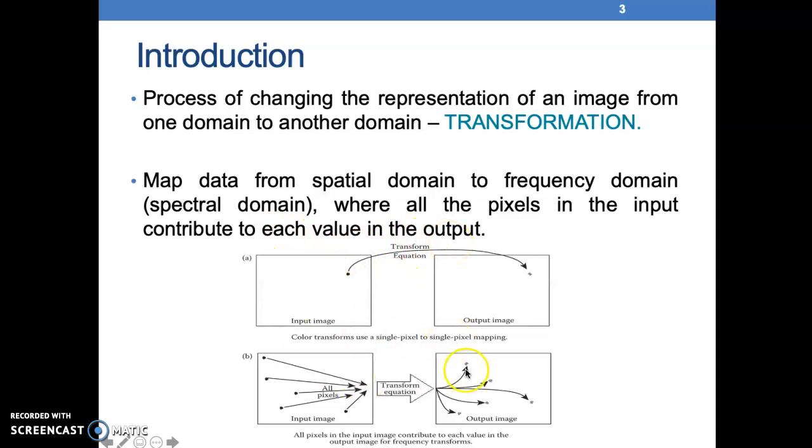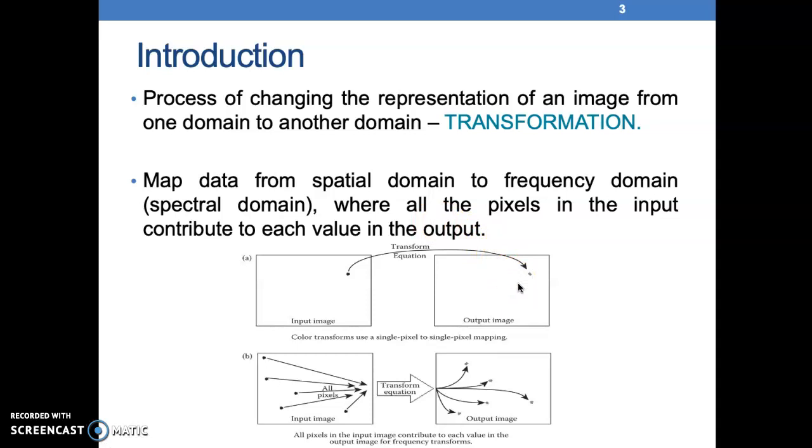We have already done transformation, but it was only a one-to-one mapping. For example, you have one image in one color model and you want to change it into another color model, such as from the RGB color model to a grayscale color model.